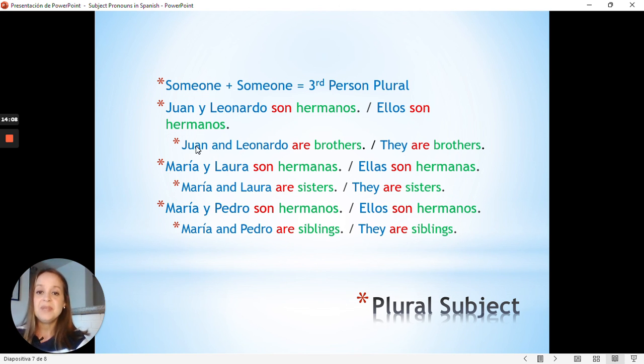Then we have María y Pedro, Mary and Pedro, one girl and one boy. We have both genders together in the sentence, so we need to use ellos as a subject pronoun. It's the masculine form because, remember, the masculine form in the plural is inclusive in Spanish. María y Pedro are siblings. They are siblings.